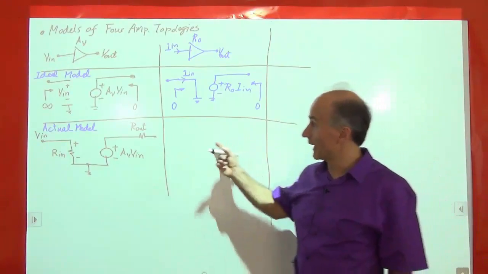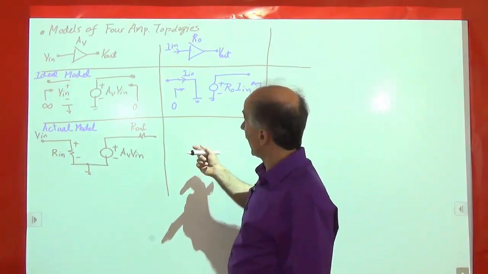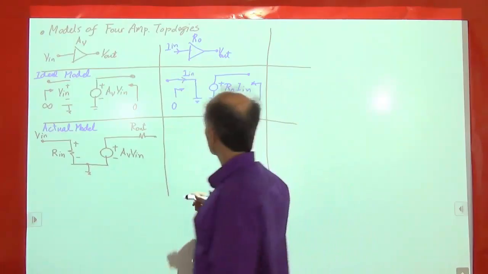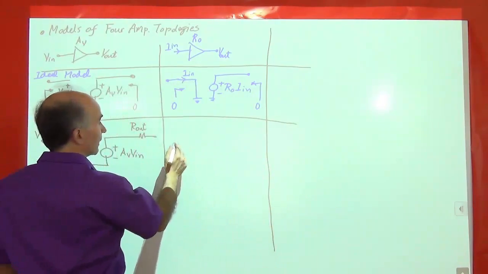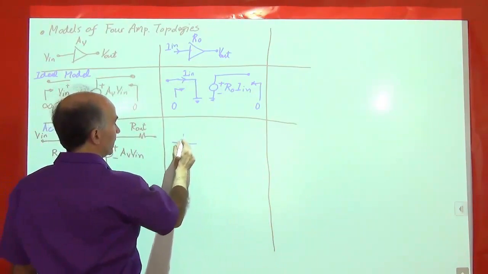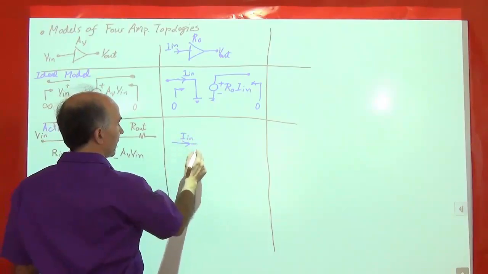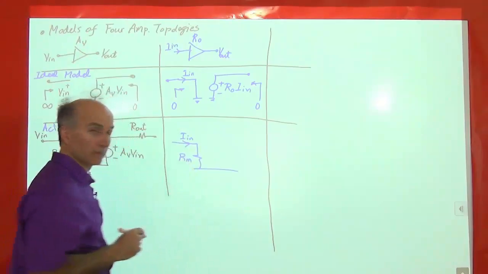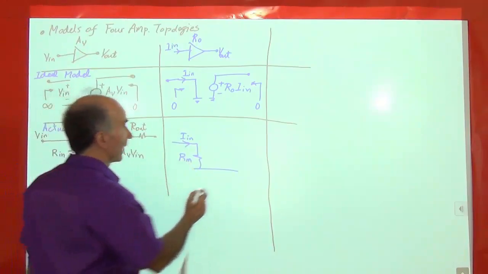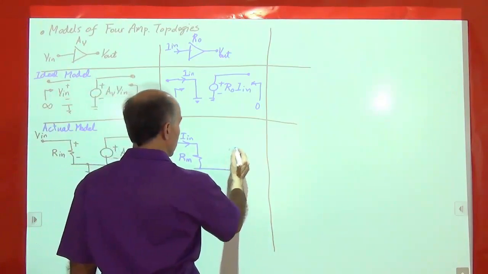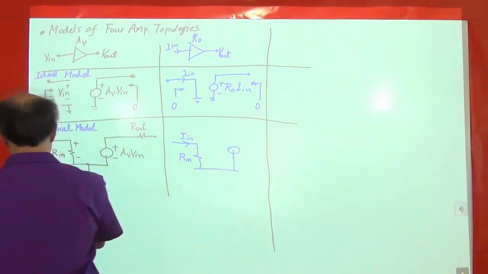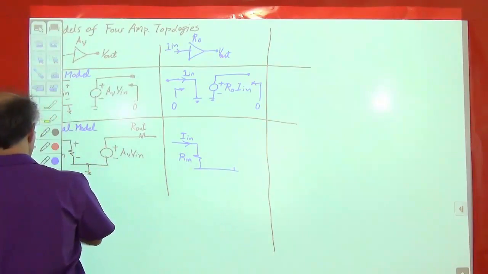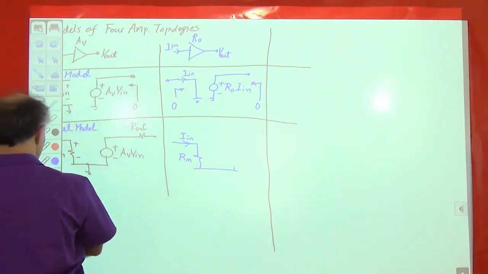Okay, how about the actual model? Well, in the actual circuit, the input resistance will not be 0, it will be some amount. So how do I model that? That would be I in is coming in, and we see this resistance, which we call R in. Okay, and then the output is a voltage source with a finite output impedance, just like what we saw for the voltage amplifier.